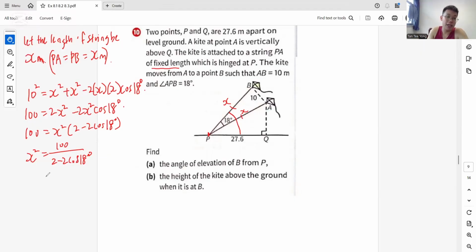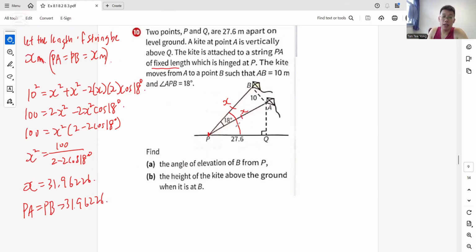So it's just the square root. So X is equal to 31.96226. Okay, so this is the length of PA and PB. So we can say PA equals PB equals 31.96226. All right. So not yet, we haven't found the angle yet.